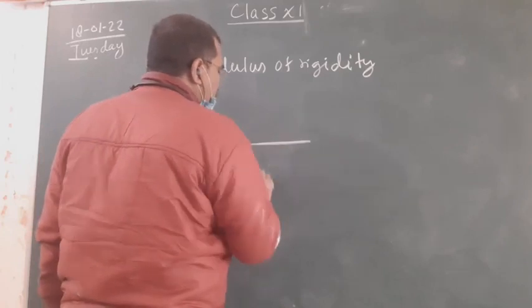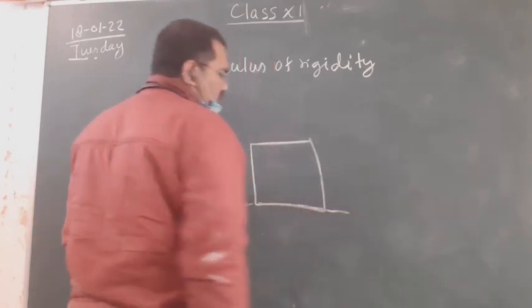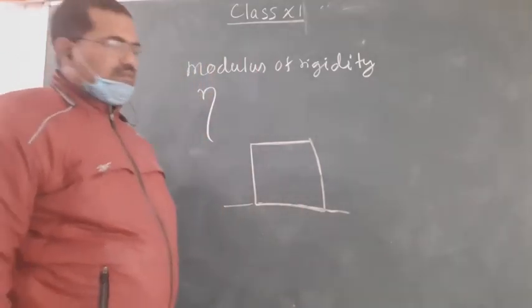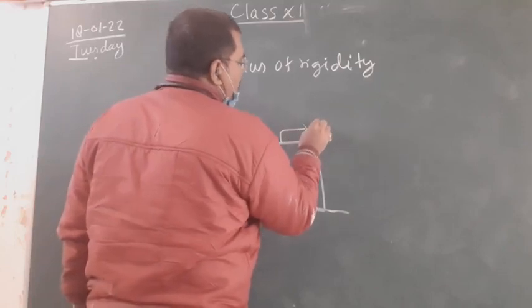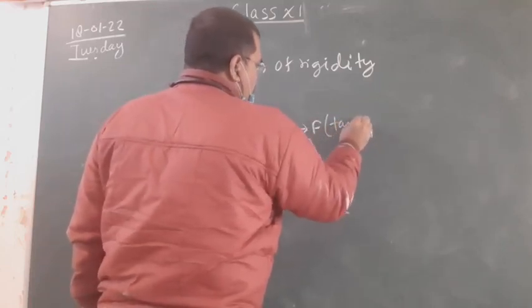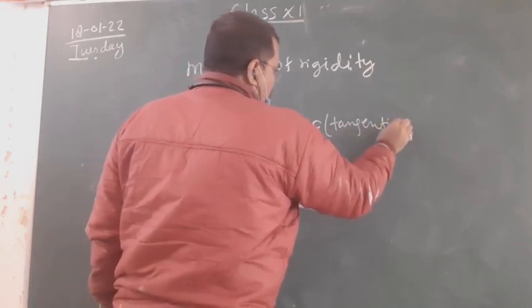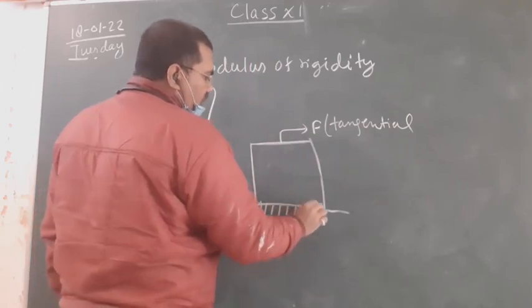This is the side view of the volumetric body. If we apply a tangential force F on the upper surface, and the bottom surface is kept fixed.